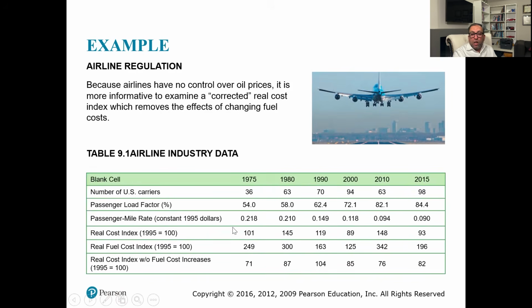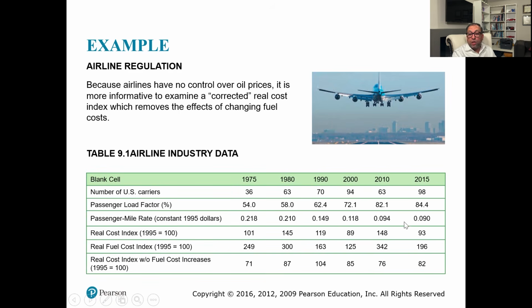This is the data from airlines. Because airlines have no control over oil prices, it is more informative to examine a corrected real cost index, which removes the effects of changing fuel costs. We can see this over the period from 1975 to 2015, around 40 years, how the airline numbers changed when the open skies policies were adopted.